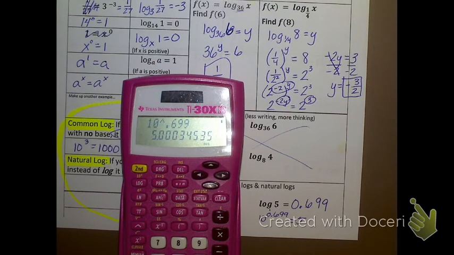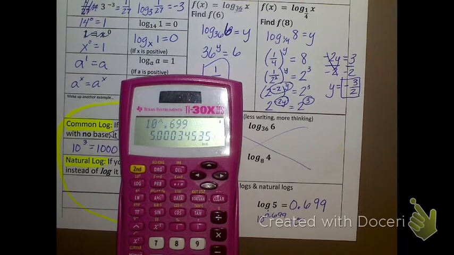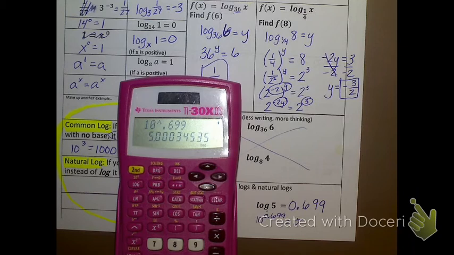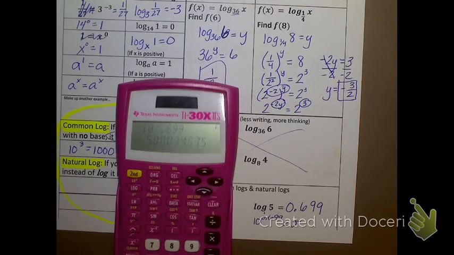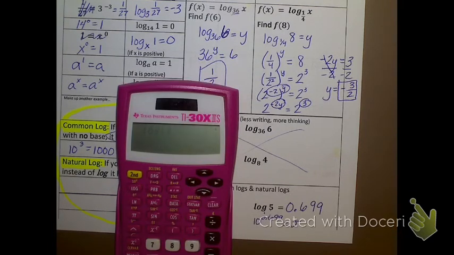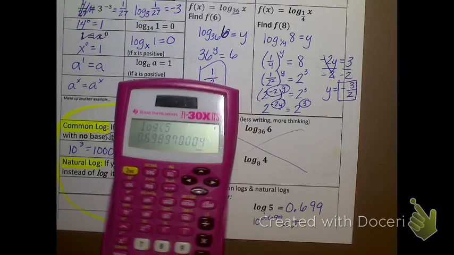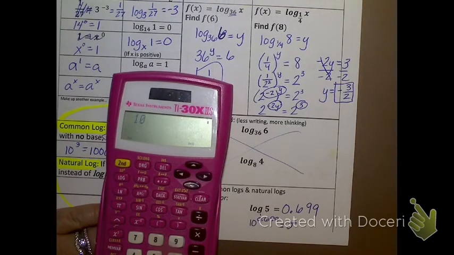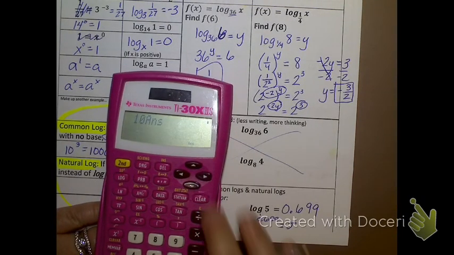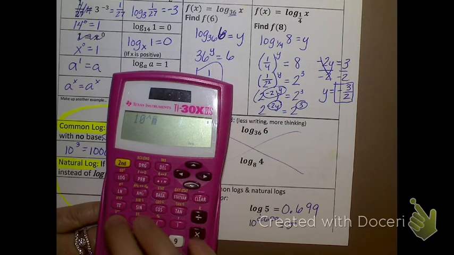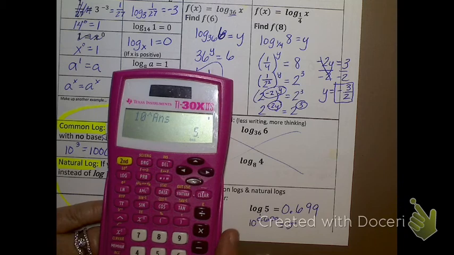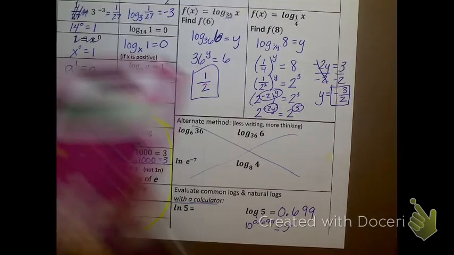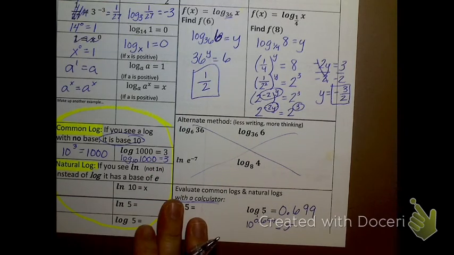Darn close to 5. 5.000343 or 345, whatever. Why isn't it exactly 5? Because I rounded. Okay? If I didn't round, if I just did log 5 and then I did 10 to my previous answer instead of rounding off, there's my exact 5. As soon as I round off, I'm going to be slightly off, but I should be pretty close.